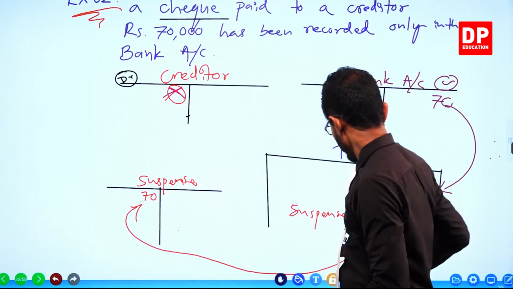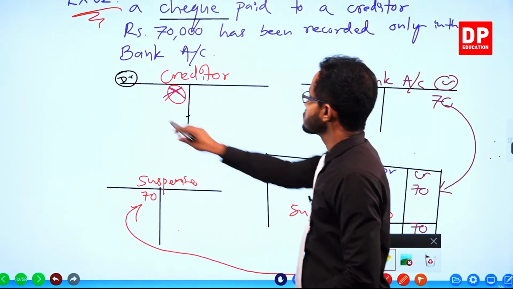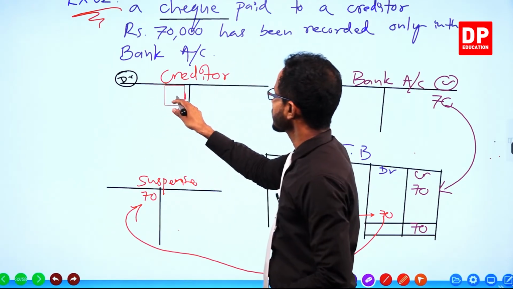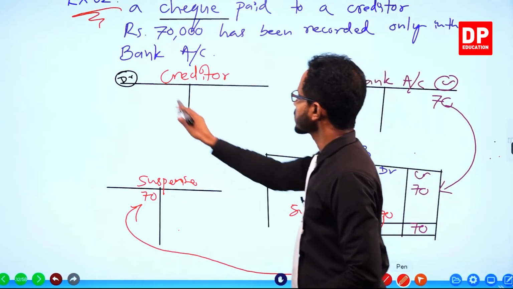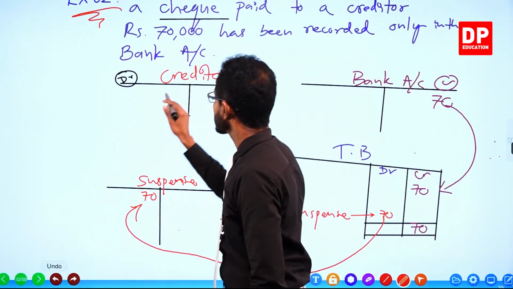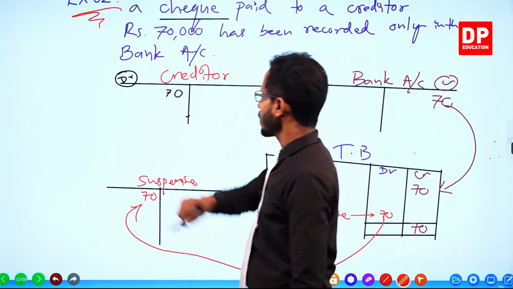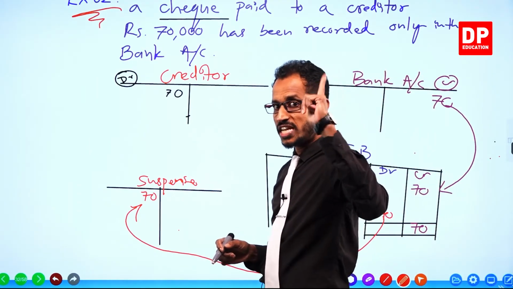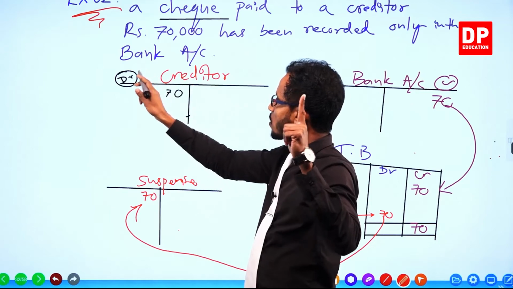So what should you do? You should debit that account. How much? 70. First correction entry is creditors account debit 70.